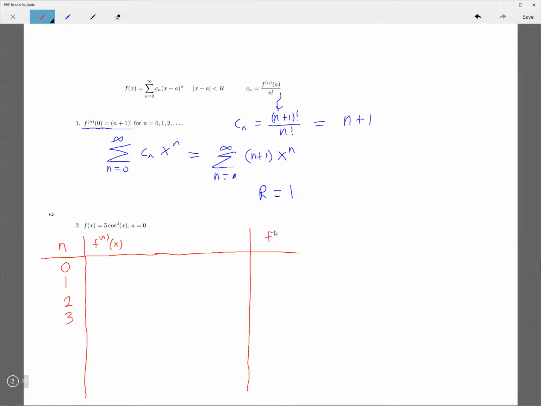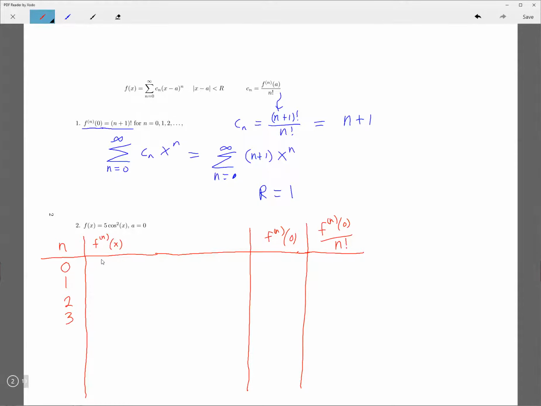And then I want the nth derivative evaluated at 0 because it's the Maclaurin series. And then I want this guy right here, the nth derivative evaluated at 0 divided by n factorial, because that's what our terms are going to be. And I want to find the first 4 of these that are not 0.